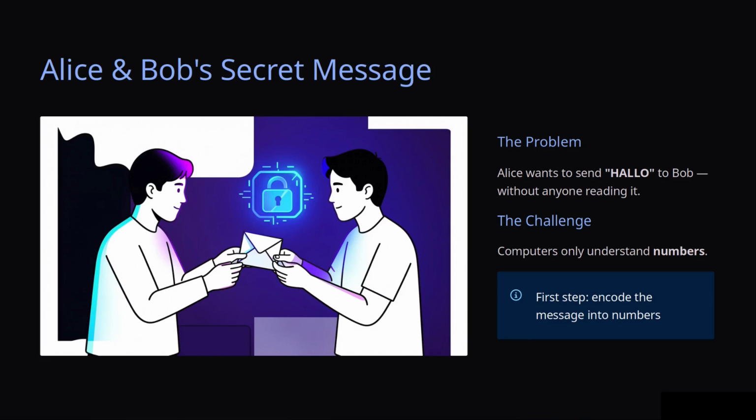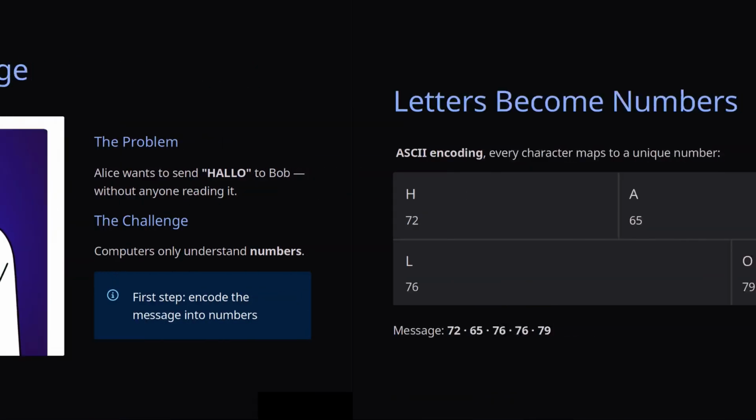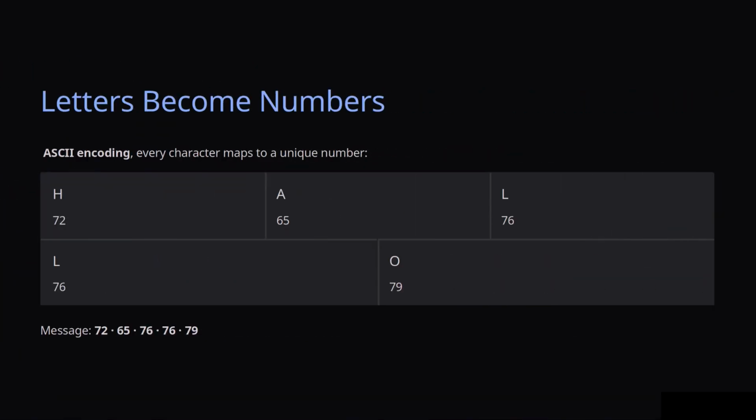In the beginning, first of all, if we use technology, computers only understand numbers. So we already have to encode our message into numbers. Therefore, each letter becomes a number. For example, in the ASCII encoding, every character maps to a unique number. In our example, H equals 72, A equals 65, L equals 76, and O equals 79.